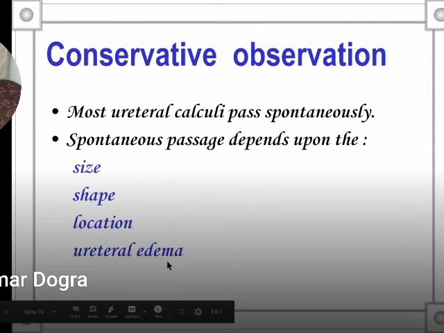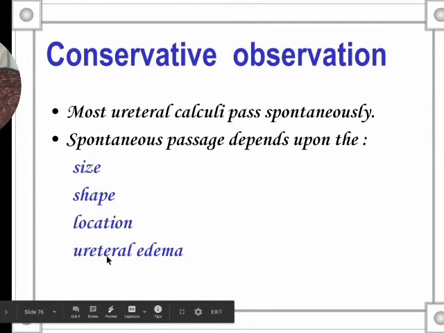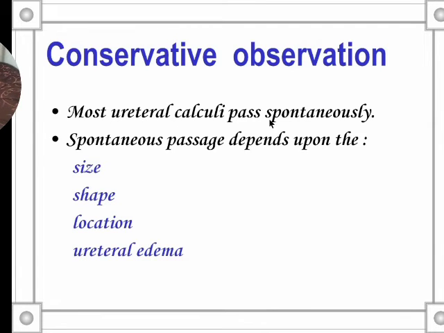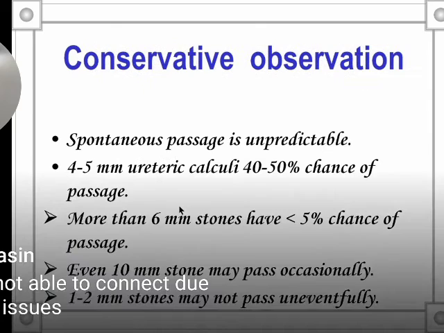Similarly, if there is a lot of ureteral edema, it will not allow the stone to pass because it will cause obstruction and infection. Small stones will pass spontaneously; if large, they will get infected. And spontaneous passage will depend upon size, shape, location, and ureteral edema.